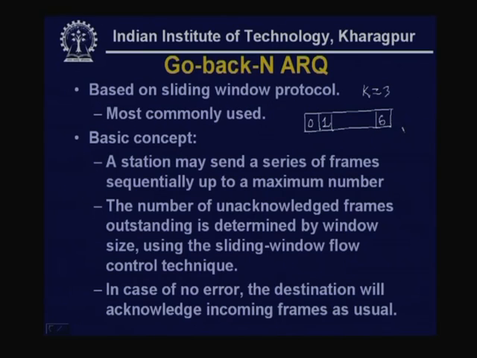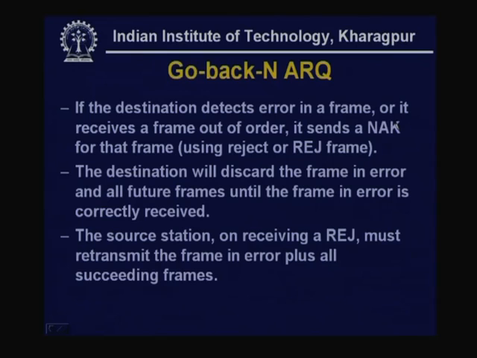So, the acknowledgements are sent as usual in the previous case. However, whenever the destination detects an error in the frame, as I mentioned, that negative acknowledgement is sent, which is known as reject frame, REJ frame. The destination will discard the frame in error and all future frames until the frame in error is correctly received.